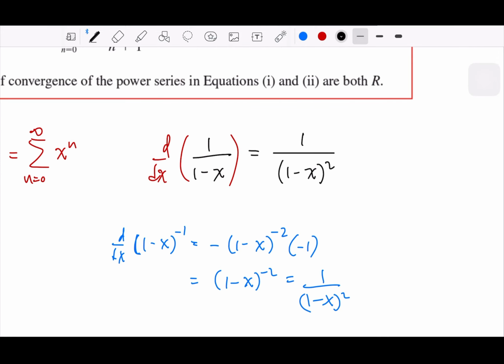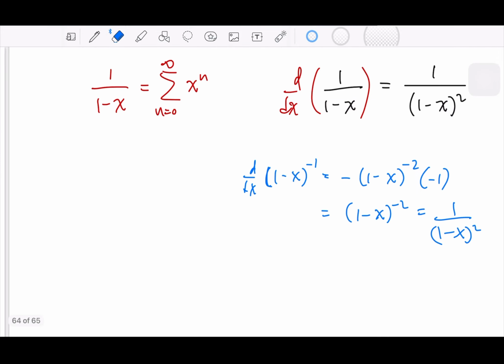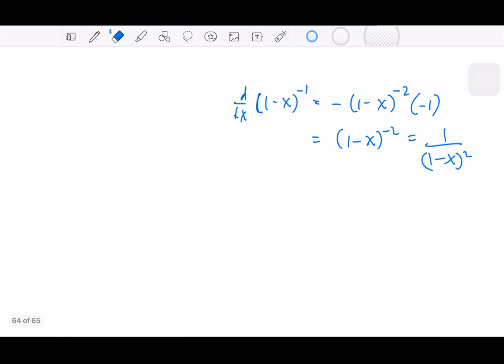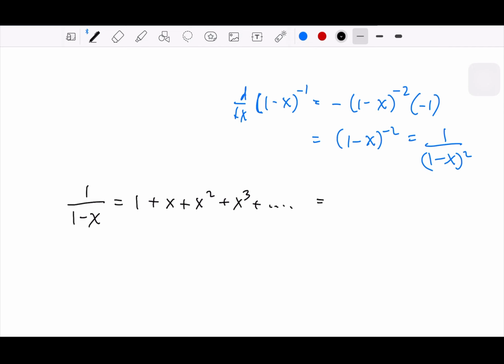Now, if we can derive this, and if we take, for example, the expansion of 1 over 1 minus x, 1 plus x plus x squared plus x cubed plus, okay.